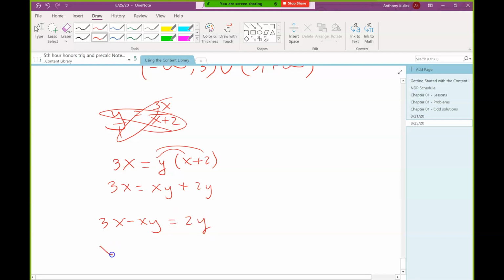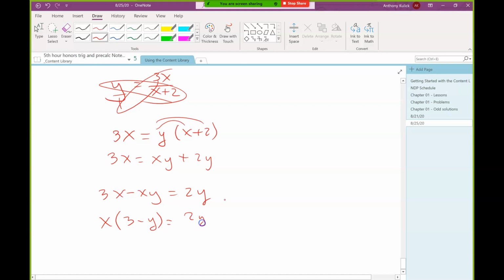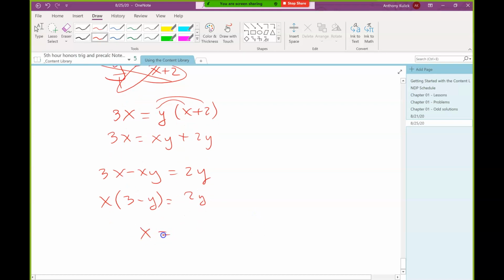And then I can factor an x off, because there's an x in common with each. And then I can divide both sides by that 3 minus y. And now the x is by itself. Right?